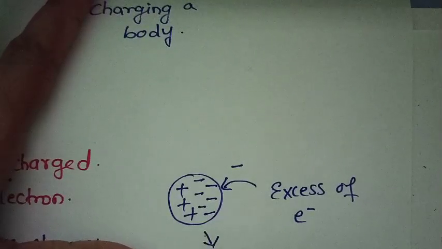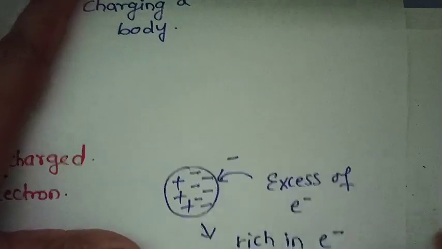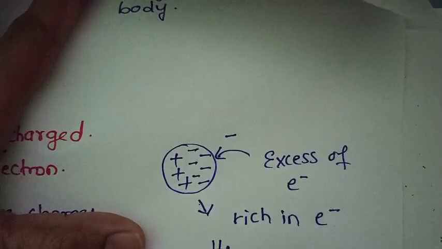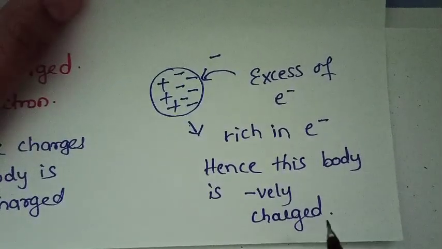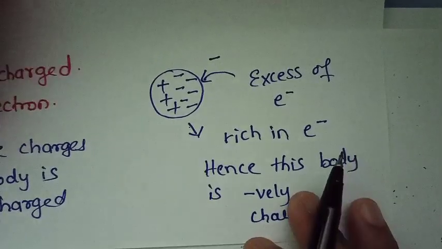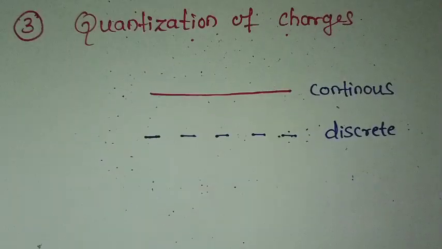So this body is rich in electrons, hence this body is negatively charged. In this way we can classify a negatively charged body and a positively charged body.